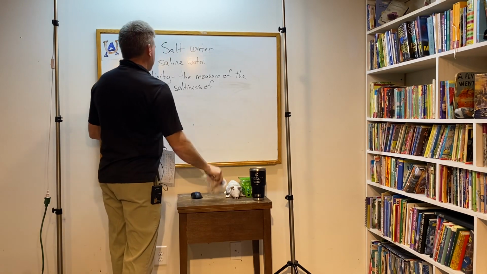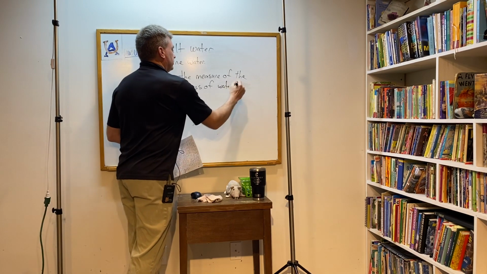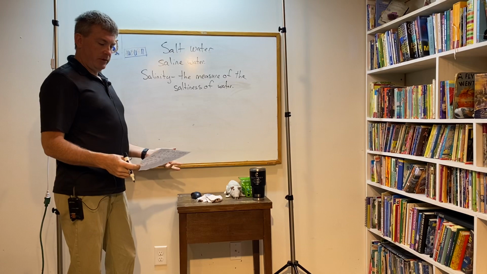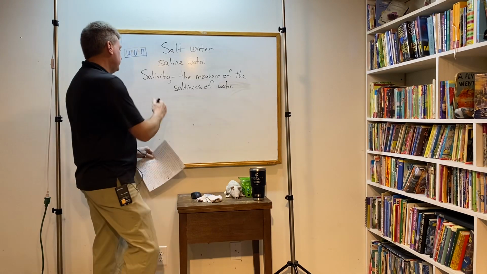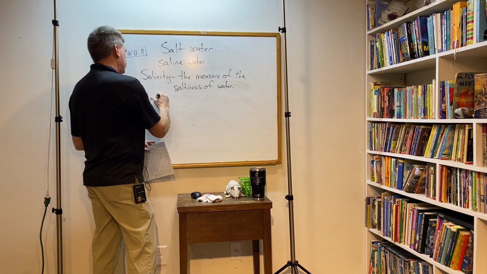Salinity is the measure of the saltiness of water. So inorganic salts are compounds such as the familiar NaCl. And again, the salt that goes in there is what we call inorganic salts.